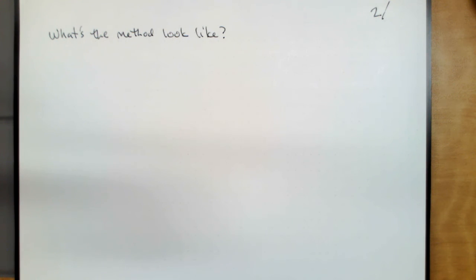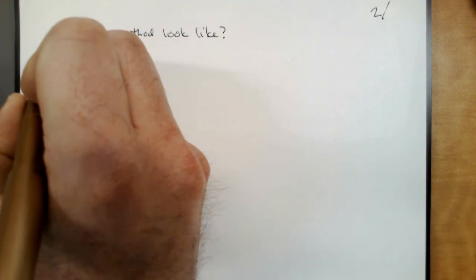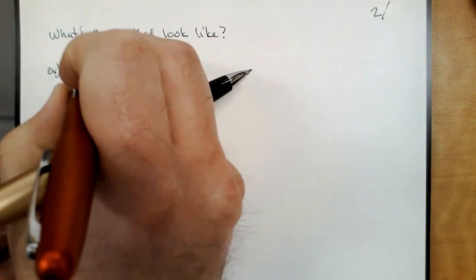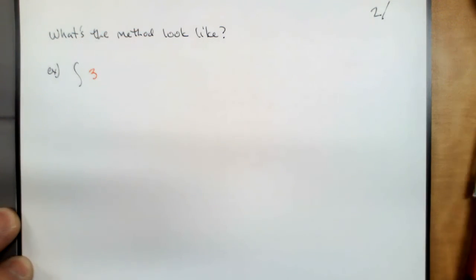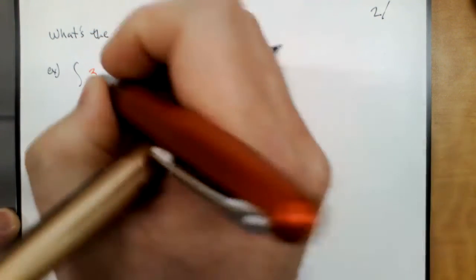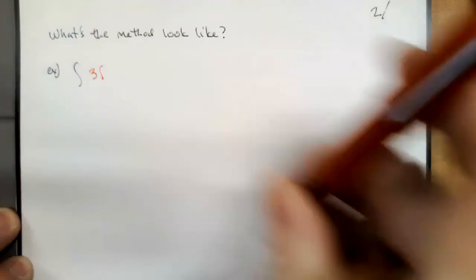Let's think about what this method should look like. Let's start with one that we had seen before. Let's have the integral of... I'm going to write it in the more clearly inside function way.